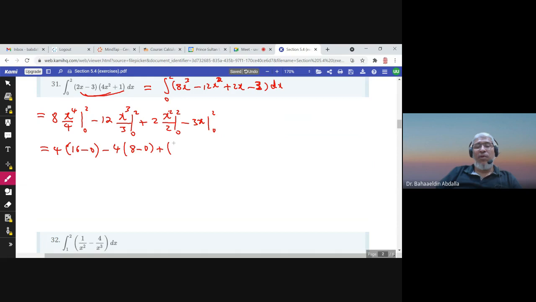So 2 to the power 2 is 4, minus 0, minus 3 times, you just replace x by 2 minus 0. You can evaluate this or use the calculator to help you. So 4 times 16 is 64, minus 4 times 8 is minus 32, plus 4, minus 6, and the answer is 30.